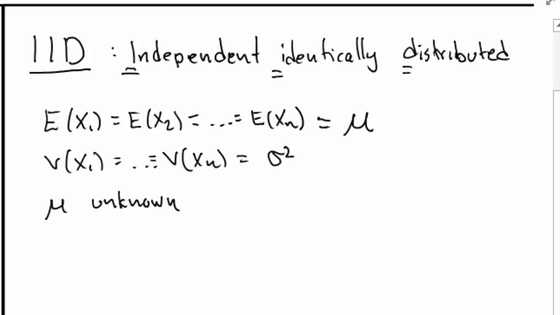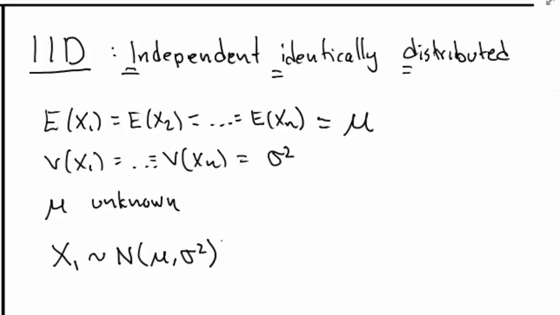Another assumption that's sometimes made in statistics is that we specify the family of distributions for these random variables. So we may say, for example, that x1 follows a normal with expected value mu and variance sigma square, so we don't assume a specific value for mu or sigma square.